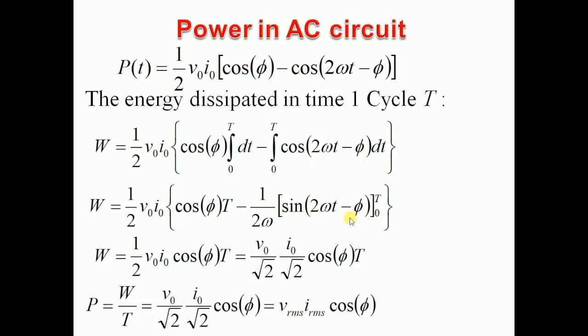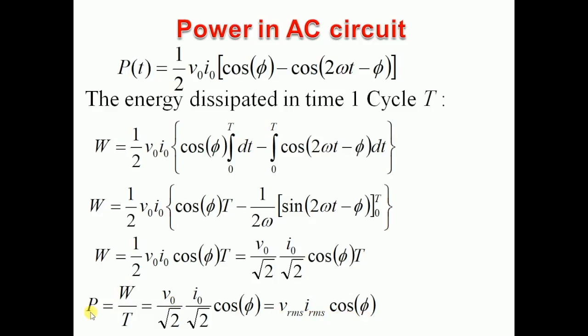So this integration reduces to capital T, and here we have W equal to 1 by 2 V0 I0 cos of phi into capital T, and you can distribute this 2 in the denominator as under root and under root, and you can have Vrms into Irms into cos of phi.